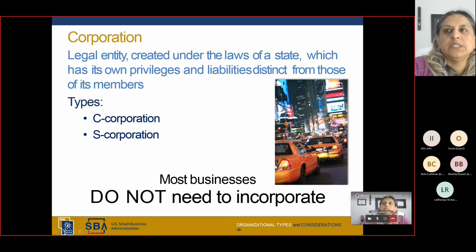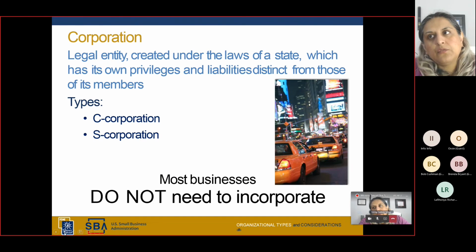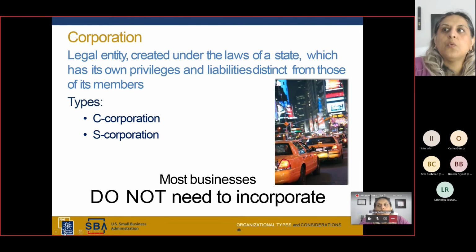Okay, corporations, C Corp and S Corp. A corporation is a legal entity that is separate and independent from the people who own or run the corporation. It is created under the laws of each state.